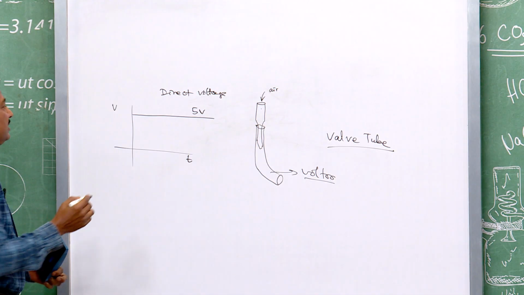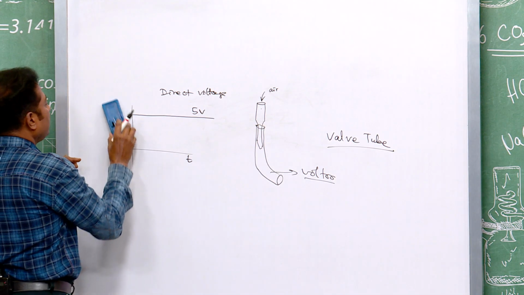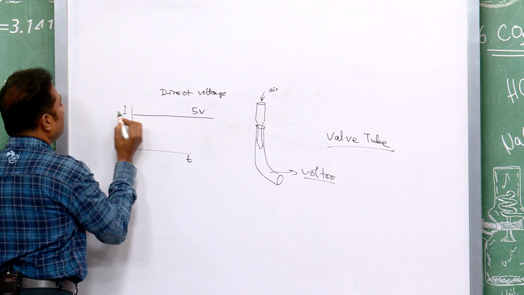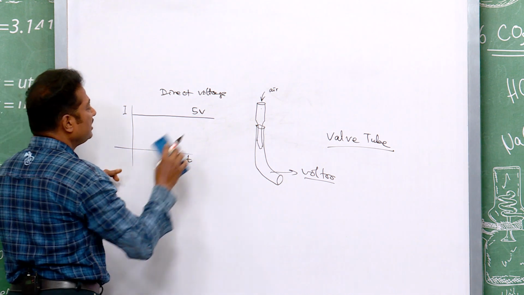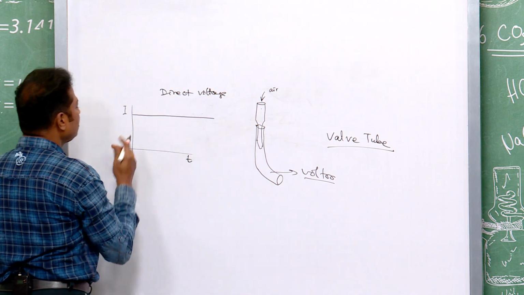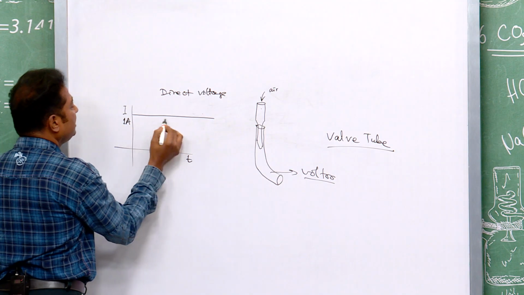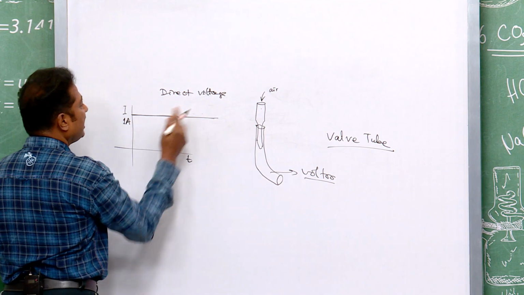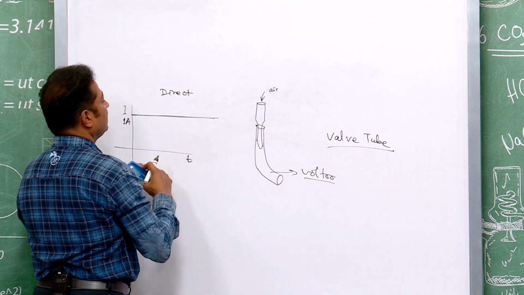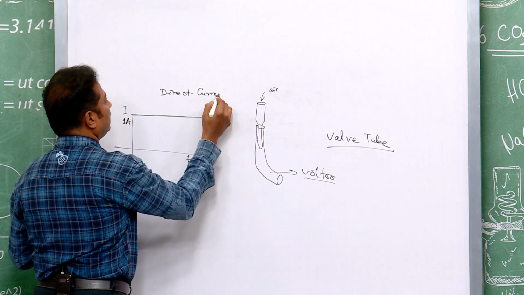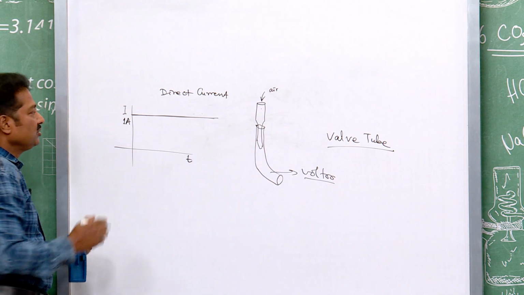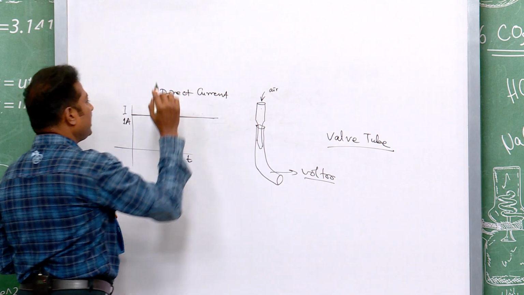If it is current, you take current on the y axis and time on the x axis, and the current is suppose 1 ampere, then it is always 1 ampere, it is direct current. So, this is a direct signal.